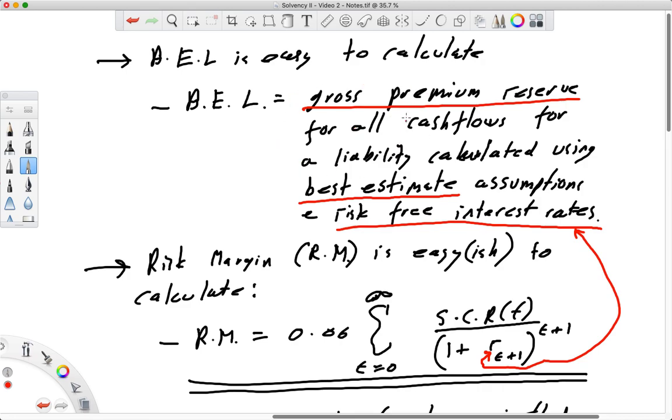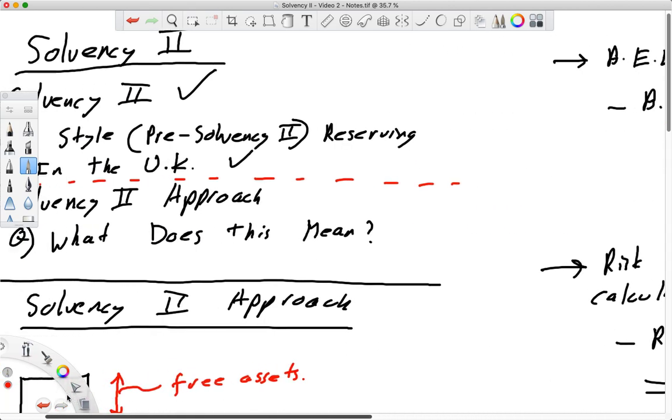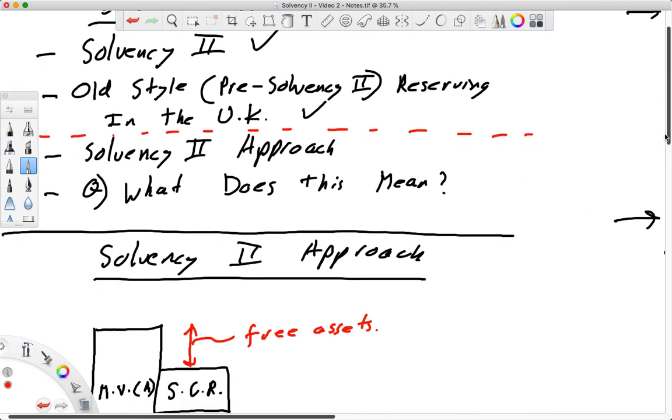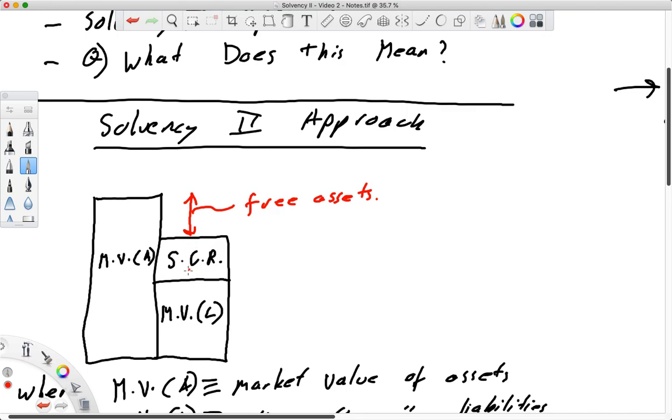But if somebody was to take on this liability, was to buy it from somebody else, they wouldn't just hold a best estimate liability. They also have to put money into an SCR as well. And putting the money into the SCR, they kind of expect that they won't need to use the SCR and they'll get the SCR back in the future. So this SCR money just goes on in for a bit and comes back out for a bit.